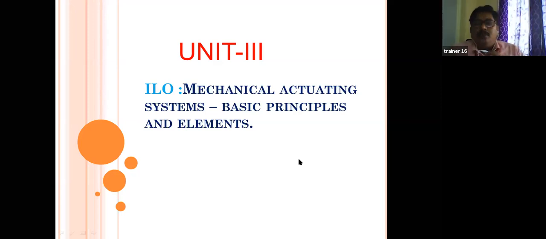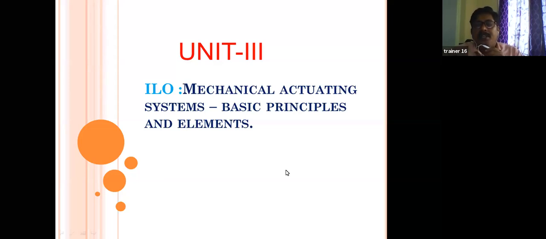Right. Now today we are going to discuss the mechanical actuation system, its basic principle and its elements. Actually, JNTU Kakinada framed the syllabus in such a way that this topic is added at the end of this particular unit. If it were added at the beginning of unit 3, then it would be good.